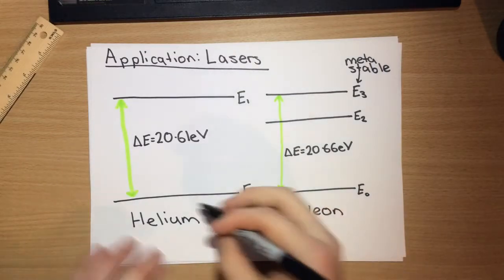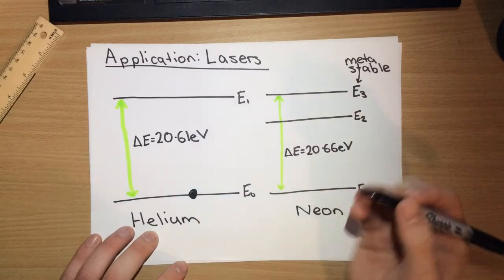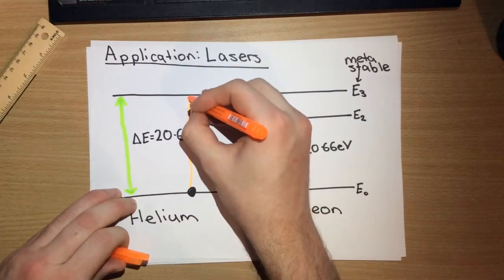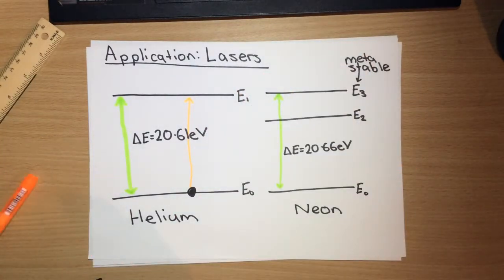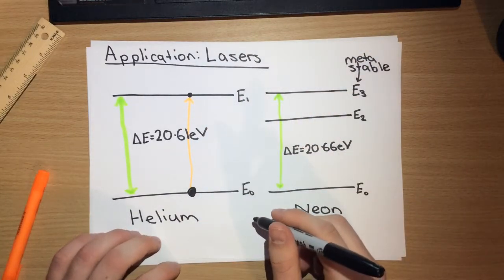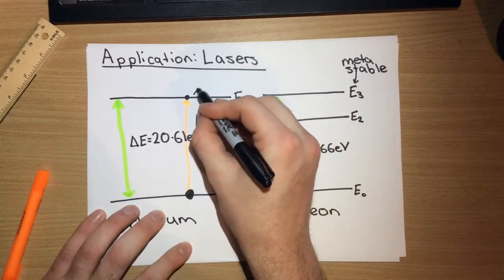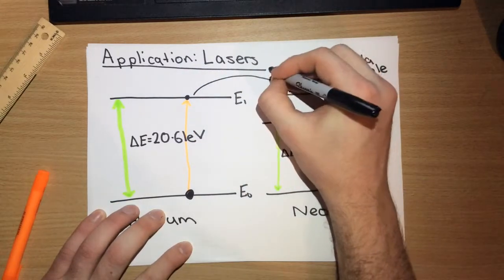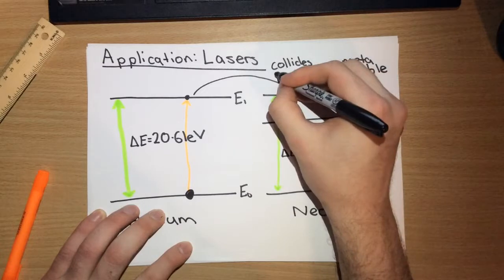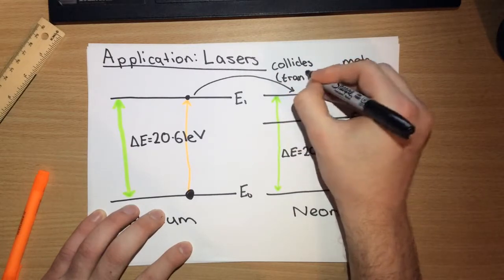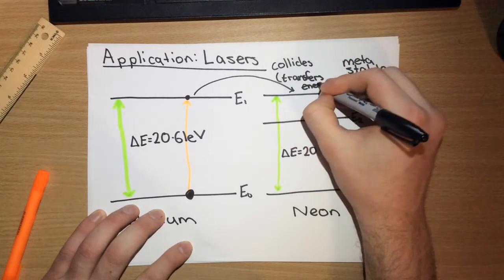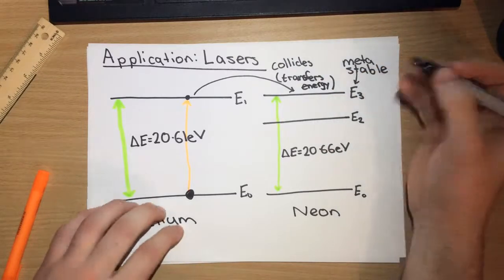So basically what we're going to get is helium. It's going to have an electron in the ground state, and we're going to stimulate emission somehow, and I'll talk about that again later. So our helium electron is stimulated to the top, and what it does is it collides, and that transfers energy to the neon.